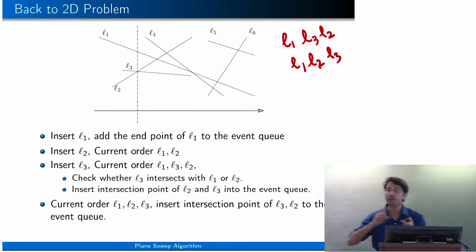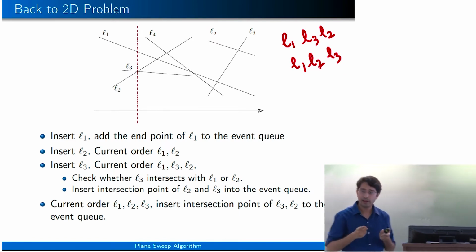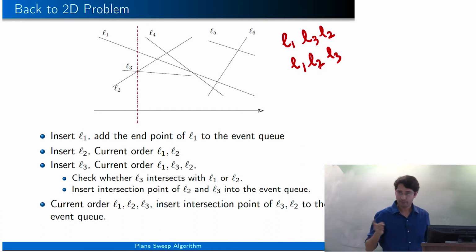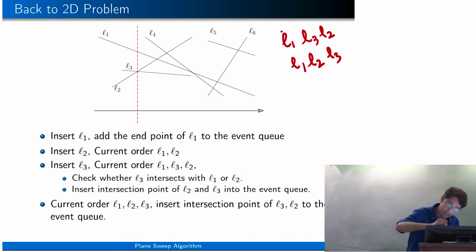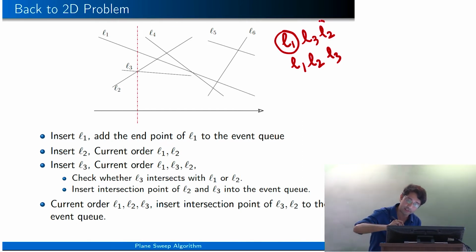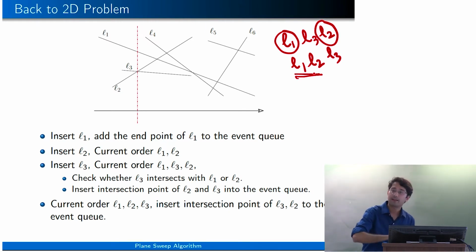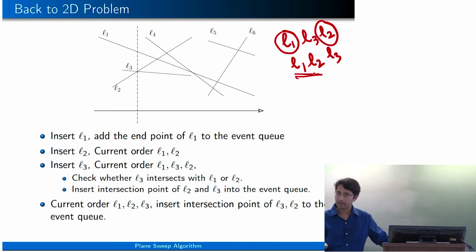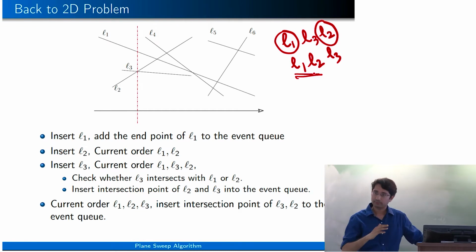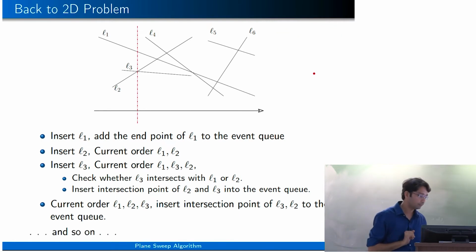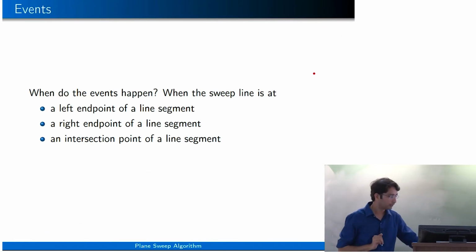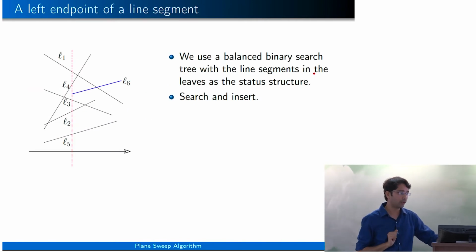So who are the new neighbors? L1 and L2, because previously L1 was here and L3, L2 were here; they were not adjacent. I will check whether L1 and L2 intersect or not. I will insert the event point if it has not already been inserted, and so on.